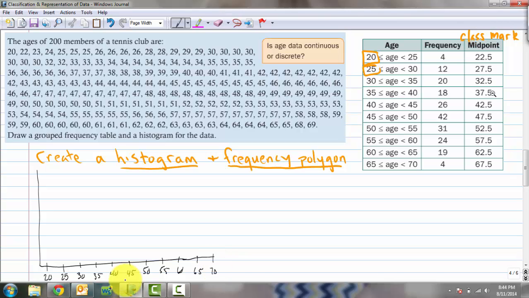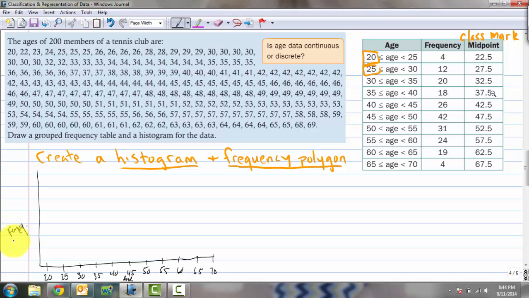And this is the age, and then this would be the frequency. And of course your penmanship would be better than mine.